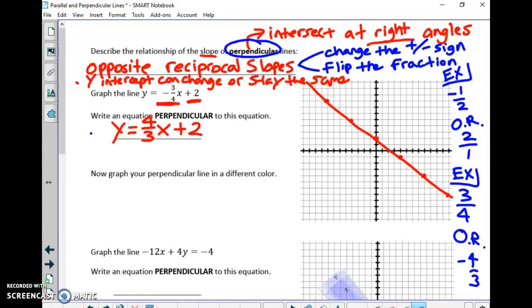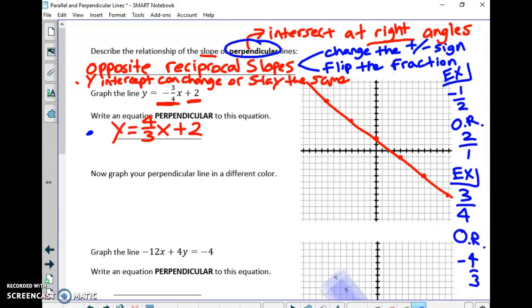But now we're going to graph this one. It is very similar in the y-intercept. It's the same number, but the slope is opposite reciprocal. So instead of negative 3 over 4, now my slope right here is positive 4 over 3, starting at the same y-intercept. So at positive 2, do we graph m or b first? The b.